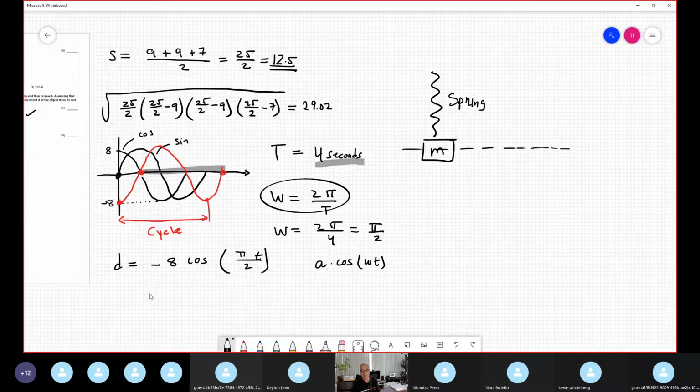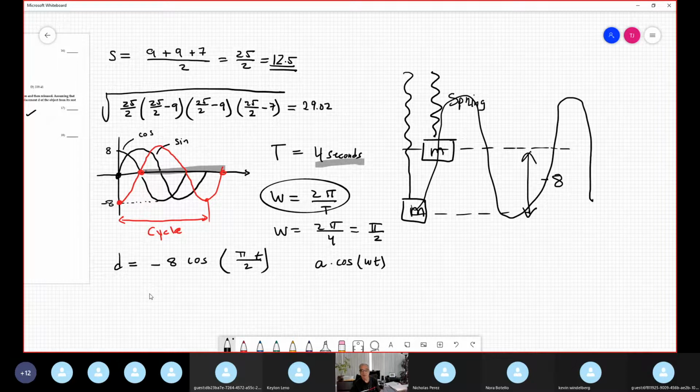It doesn't move, no? However, the problem says I pull it down. So I stretch the spring, and this is my mass. In this moment, the displacement, the amplitude is A but down. Okay, I suppose it's negative. And release. And the motion described here is something like that.